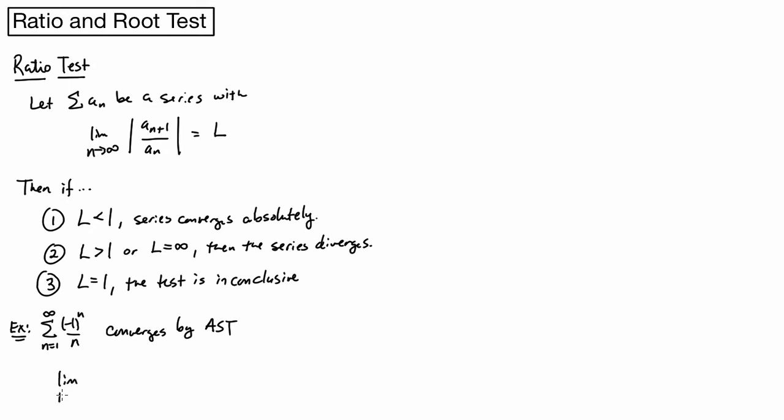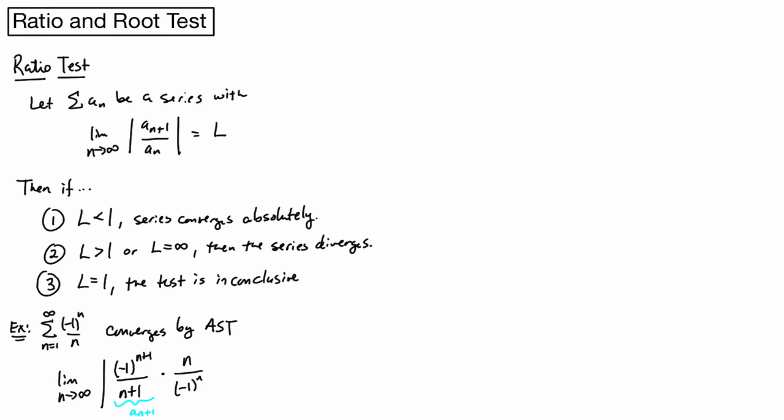Well, the ratio test would look at the limit as n goes to infinity of the ratio here being minus 1 to the n plus 1 over n plus 1. So this is your a n plus 1 term. And then we're going to divide by an, which is the same as multiplying by 1 over an.